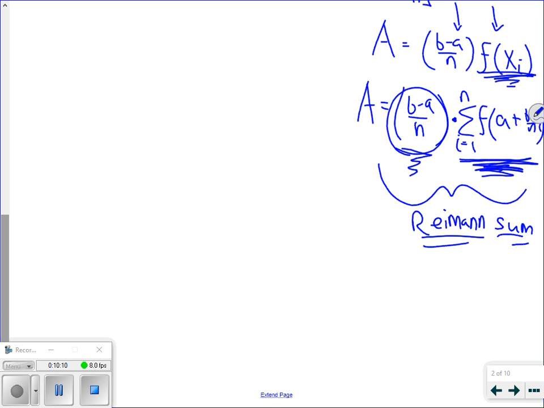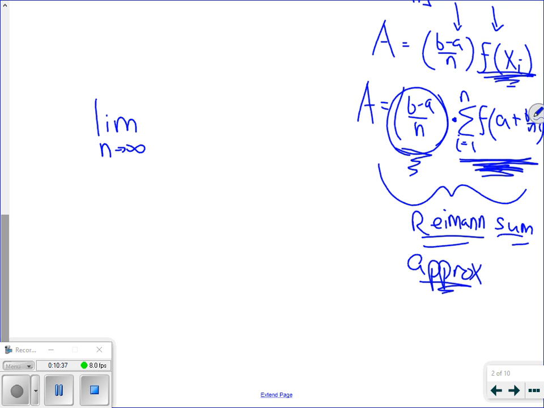So this right here was just an approximation. If I wanted to know the exact area, remember how we kept improving the area by adding more and more rectangles, making my n value larger and larger? Well, we discussed the idea of what if I had an infinite amount of rectangles on that interval?